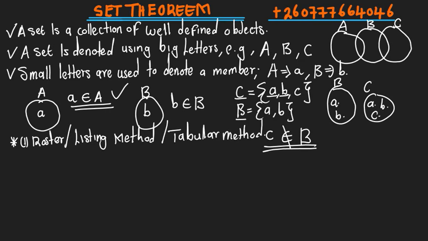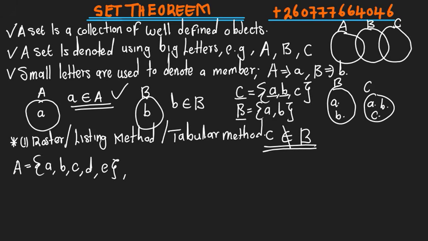How does this work? Well, in this method, if you have a set A, then for you to present set A, you are going to present it in this manner. You're going to have A, B, C, D, E. So this is the roster method or the listing method. Okay?